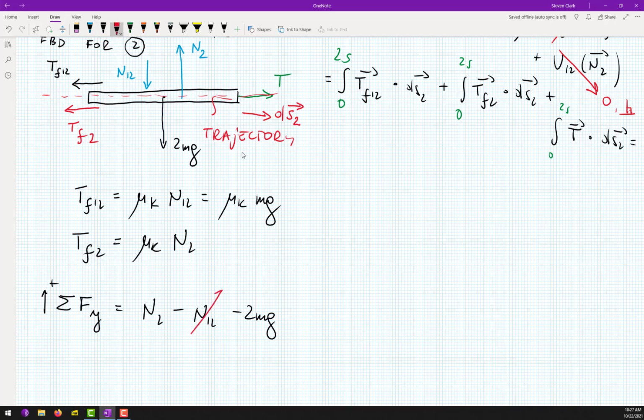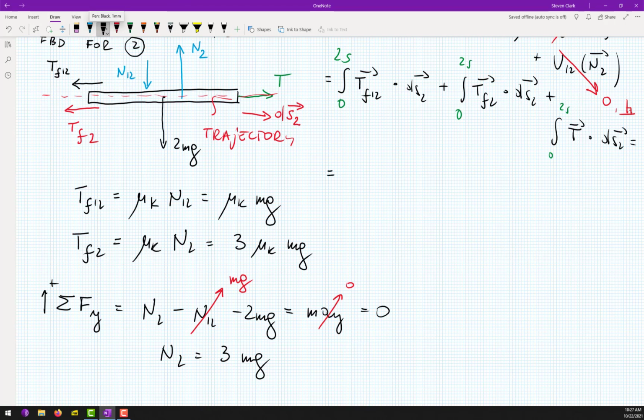And this guy from part A was mg. And this must be equal to m a_y, but a_y is 0. So you can clearly see that our N2 is equal to 3mg. That normal force would be equal to 3mg, so that would be equal to 3 mu k mg. Awesome. And it's constant, by the way.